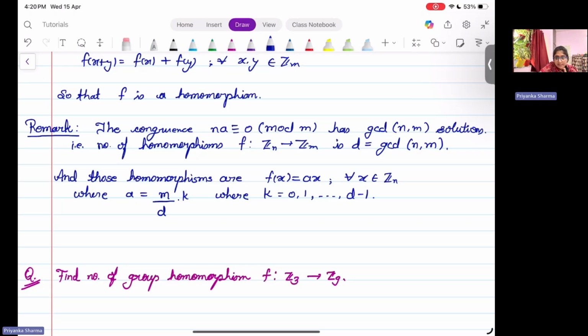That is, the value of a will be multiples of m by d. And how many multiples? We will take the first d non-negative multiples of m by d.